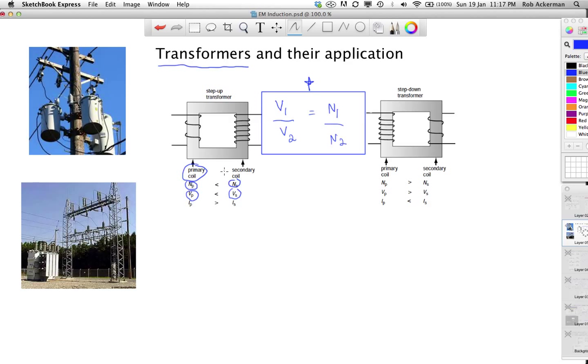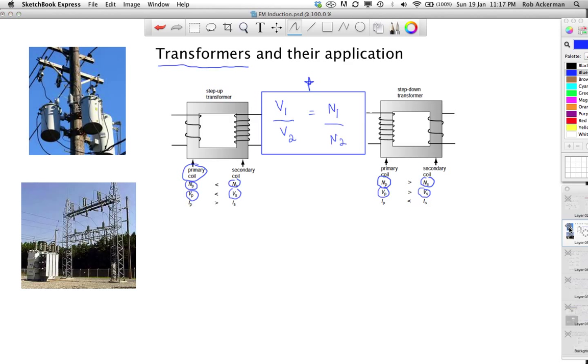So your textbook diagram shows you N secondary is greater than N primary, leading to V secondary being greater than V primary. All right? Or we can do the reverse. We can have more turns in the primary than in the secondary, and therefore the voltage in the primary will be higher than the secondary.